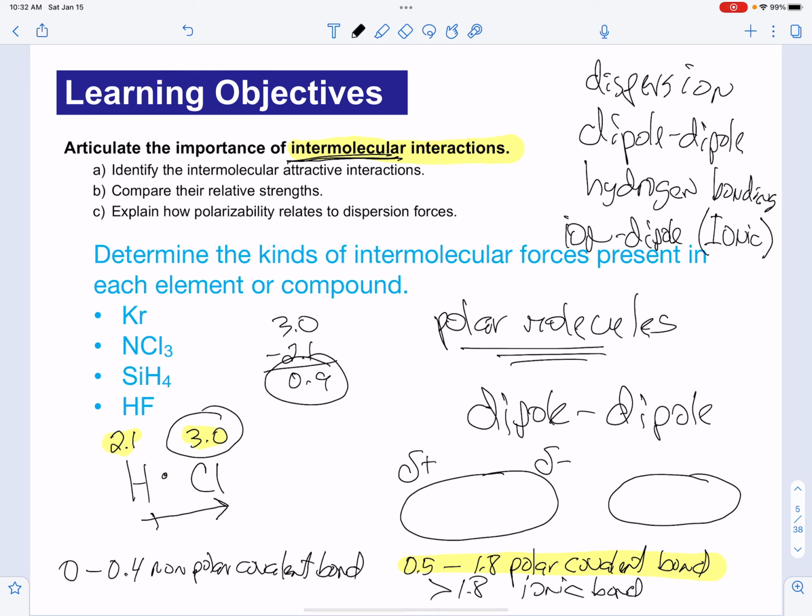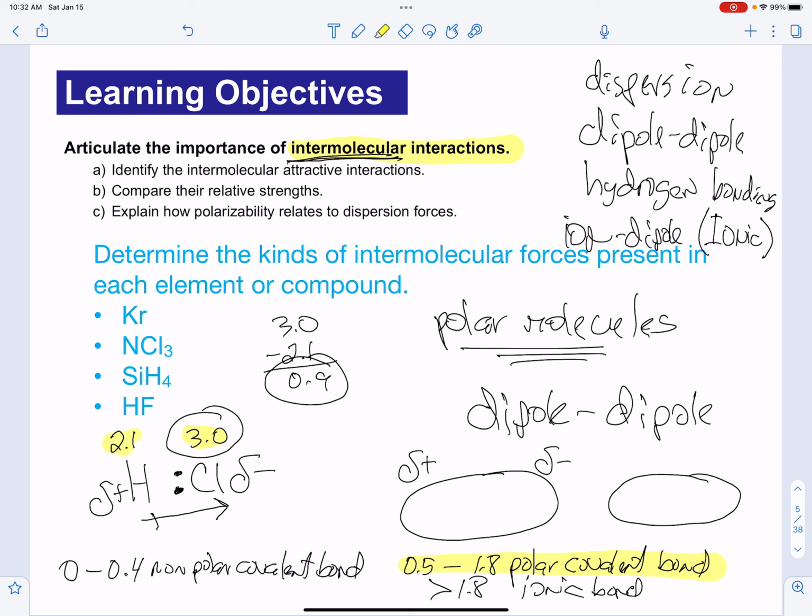Remember, a bond means two electrons, right? That are being shared, pulled toward the chlorine. So they're going to be closer to the chlorine, therefore making this side more negative, and this one more positive. And because of the electronegativity, that configuration is permanent. It doesn't change, which makes this a dipole.